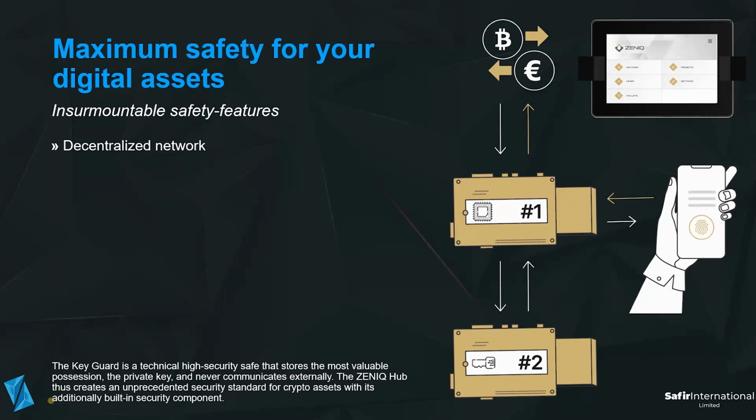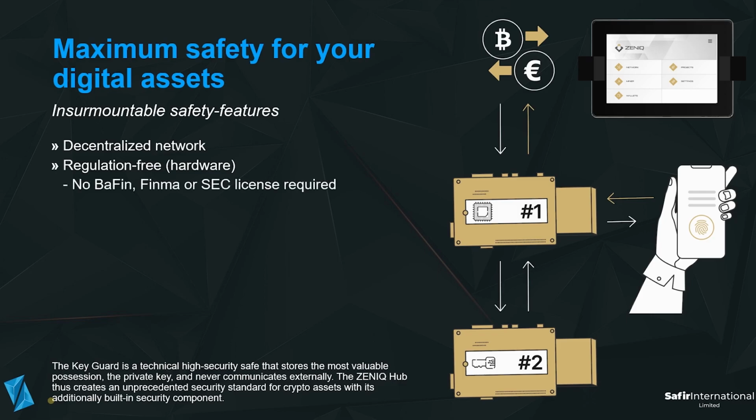Also, it's regulation free because you are using a hardware and no financial product. So there are no licenses required, and you are your node, you are the master node that is protecting the network. So there are a whole lot out there, more than 10,000 by now.